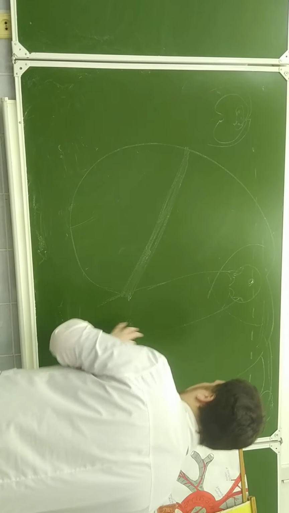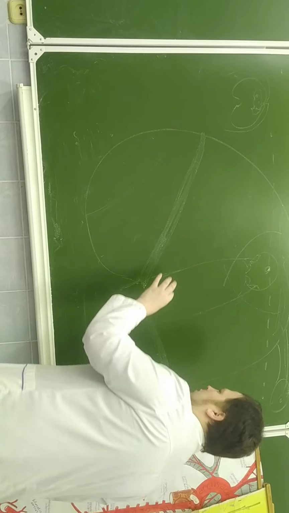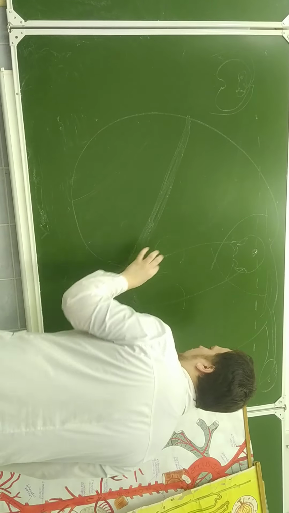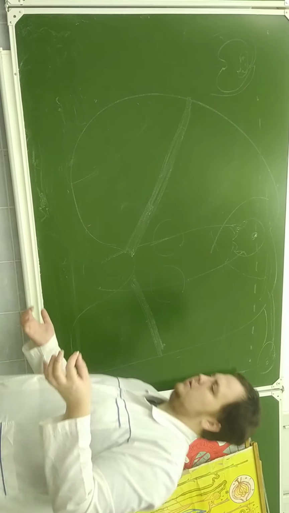Then one more nucleus we have in the midbrain. It is called the red nucleus. It is also part of the extrapyramidal system.